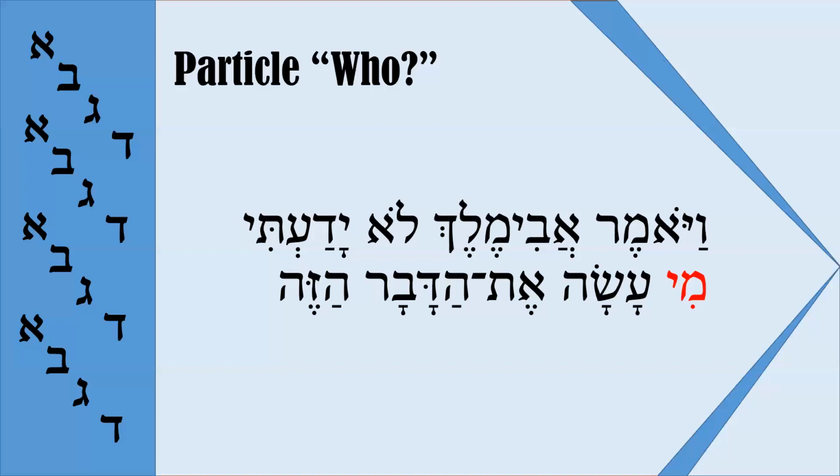Av means father, and Melech is king. Sometimes people say that Avimelech is not a proper name but a kind of royal title, because if you call somebody Avimelech, it means that his father is king.